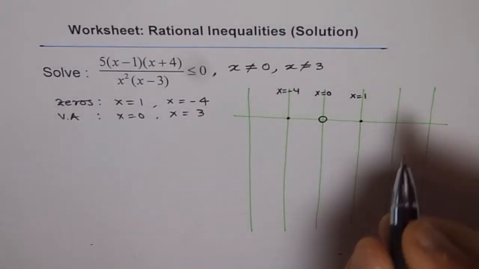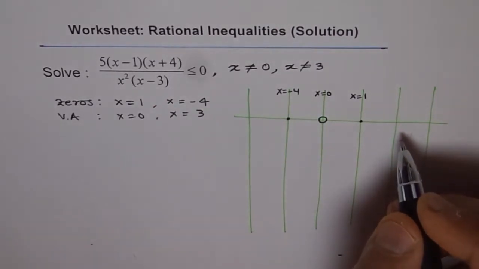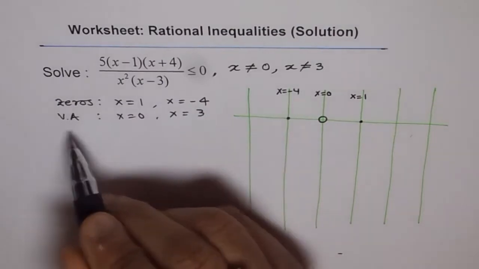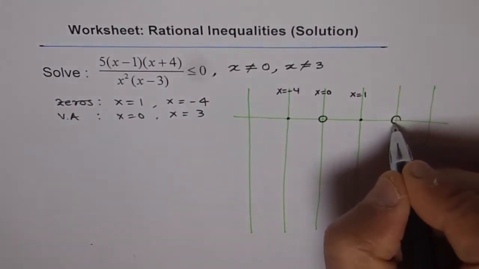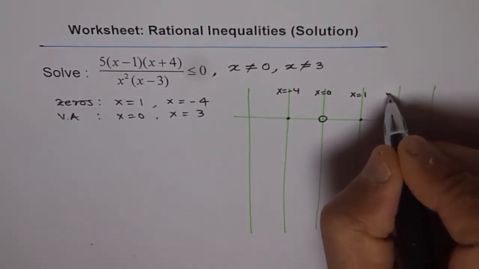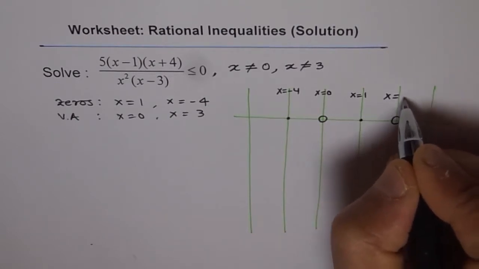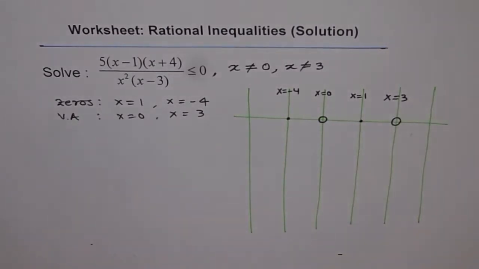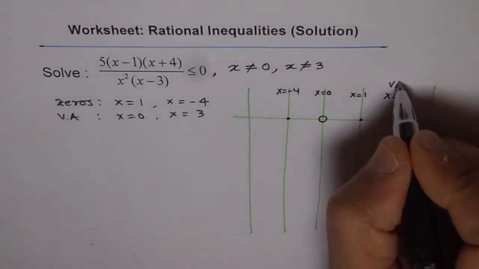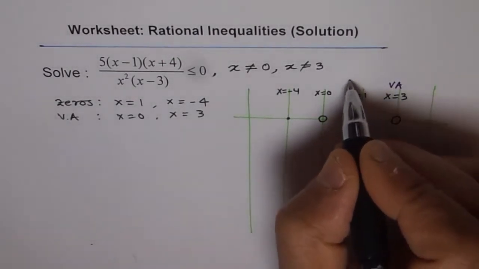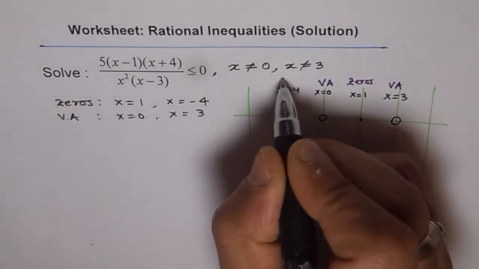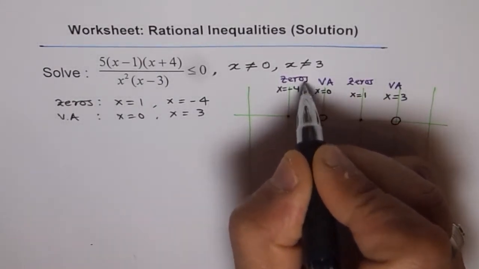And at x equals 3, we have a vertical asymptote, right? So these holes are showing vertical asymptotes, and these dots here are showing zeros, okay?